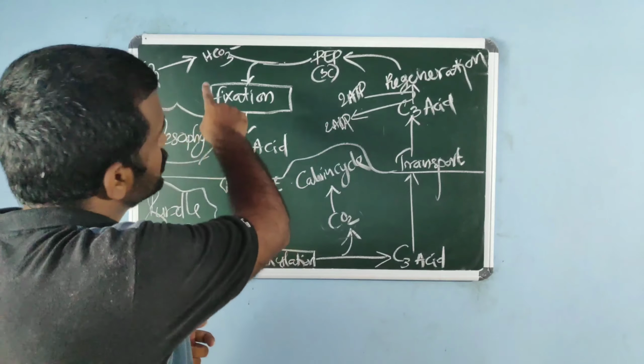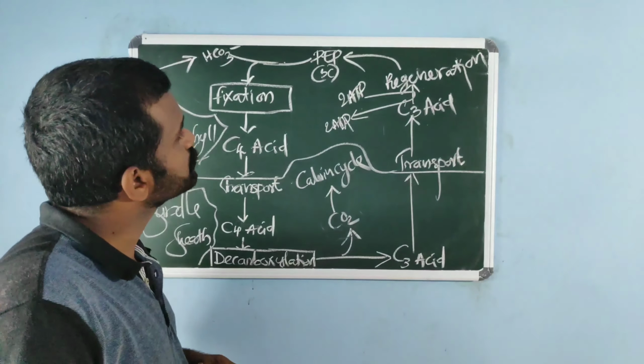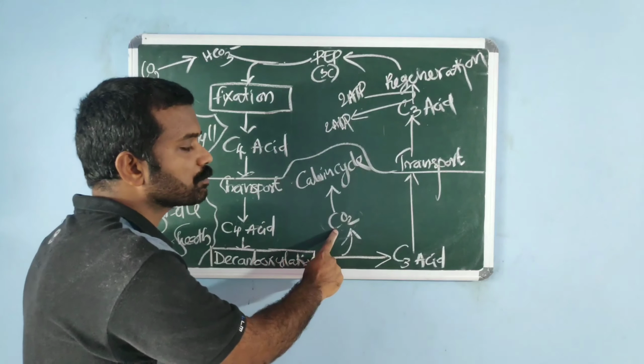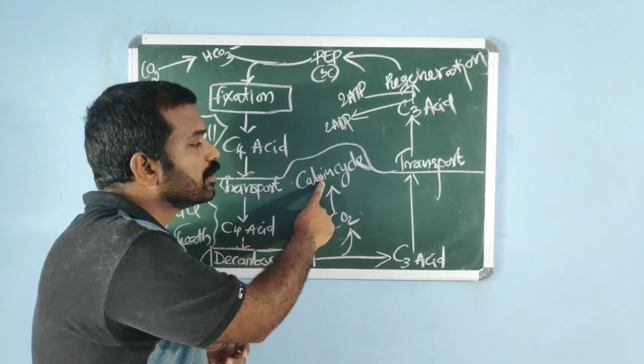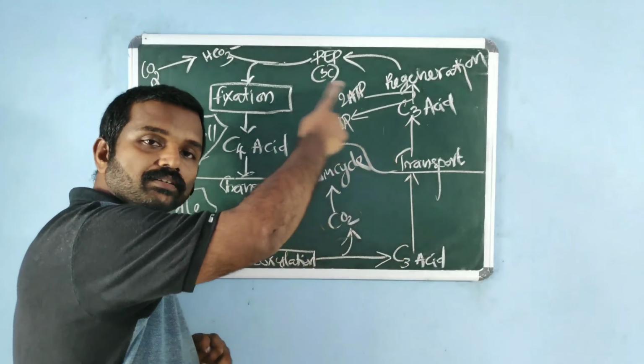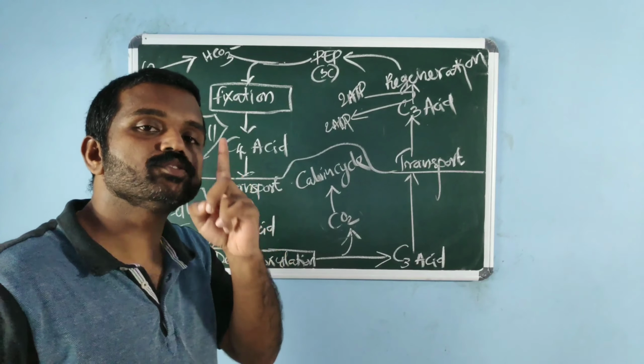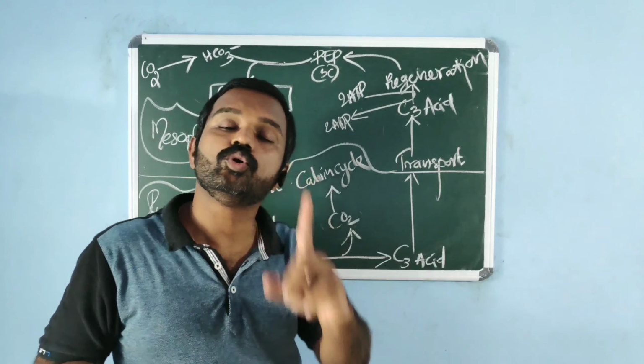So, see here, a single turn of this C4 cycle yields 1 carbon dioxide in bundle sheath cells. 6 turns of the C4 cycle are required to release 6 CO2 to synthesize 1 molecule of glucose.